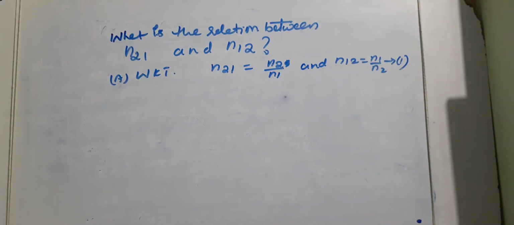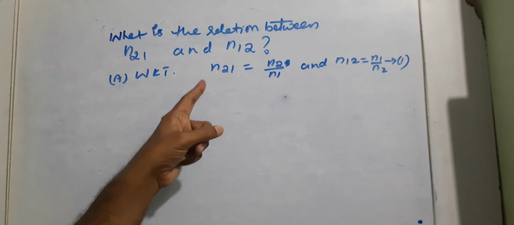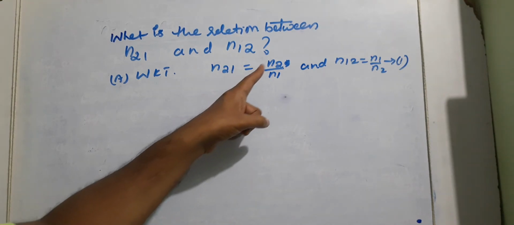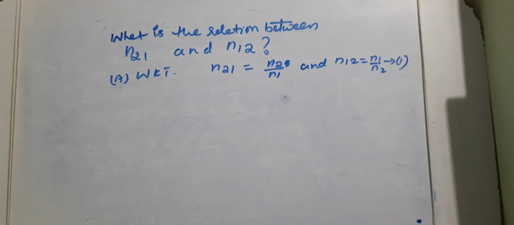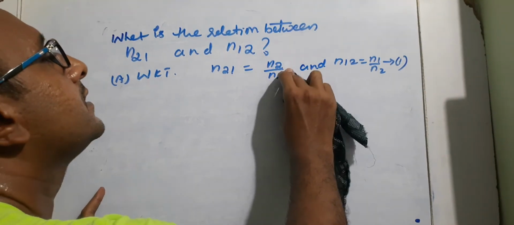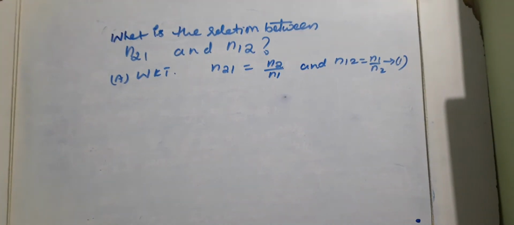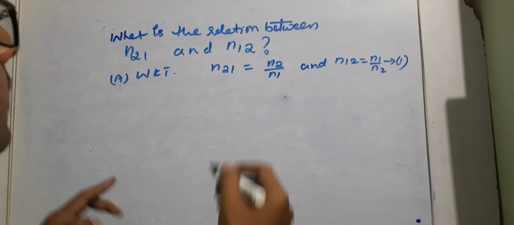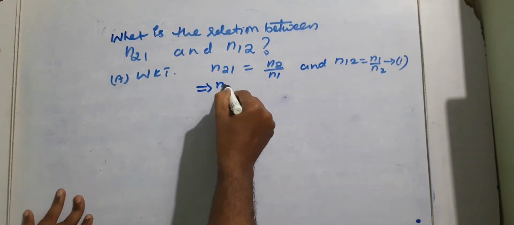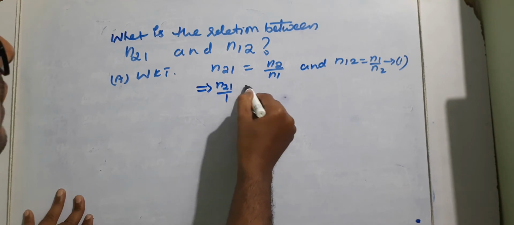So the relative refractive index of the second medium with respect to first medium is n21 is equal to n2 by n1. Similarly, the relative refractive index of first medium with respect to second medium can be written as n12 is equal to n1 by n2, students.